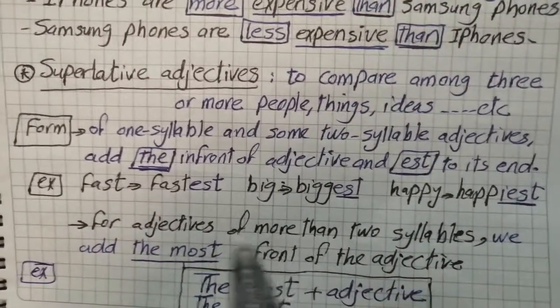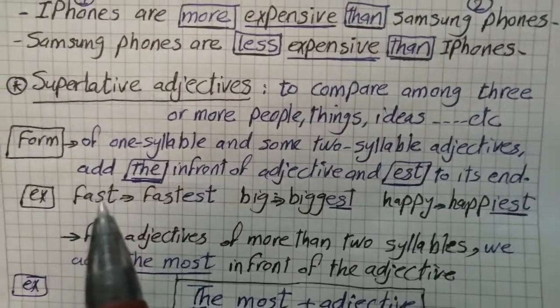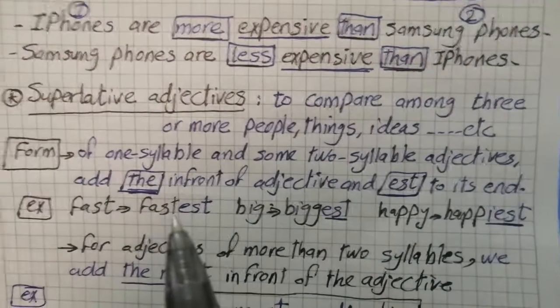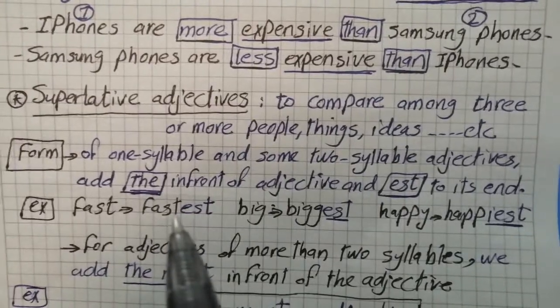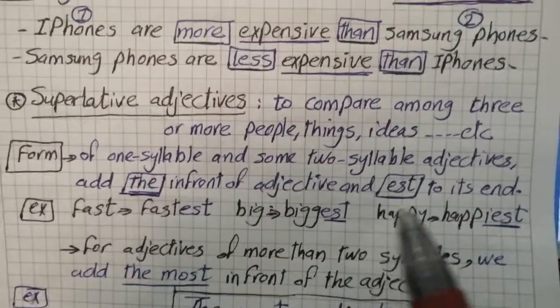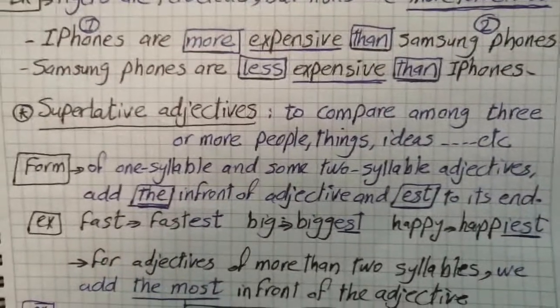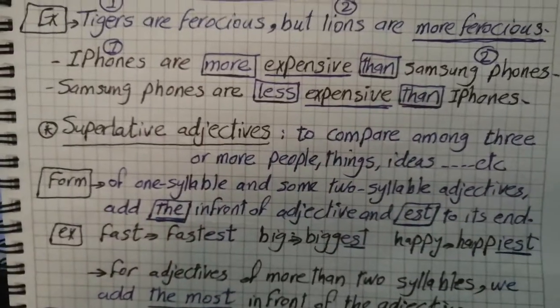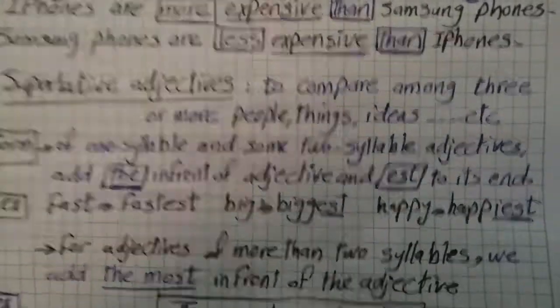For example, fast becomes fastest if I'm comparing more than two. Big, biggest; happy, happiest. Also watch out for the spelling rules while you are using this.